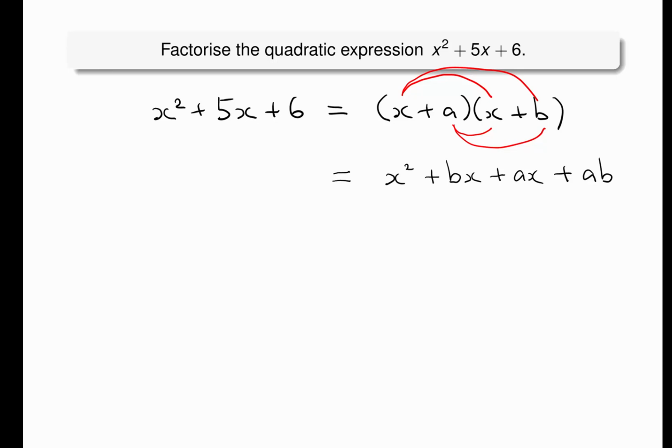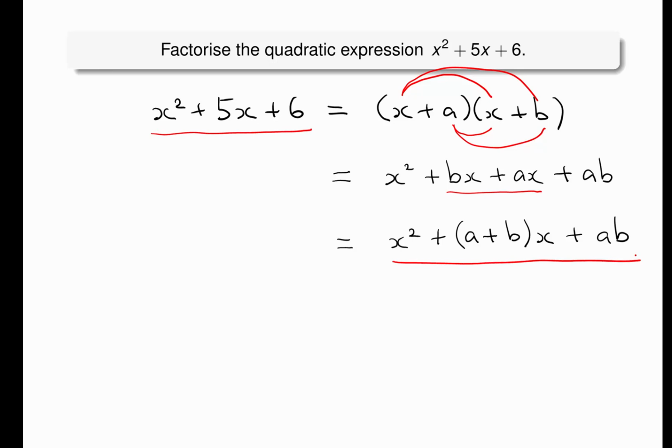Now the two terms in the middle are like terms, and we can collect them together by factoring out the x. Now carefully observe these two quadratics. Since we're forcing them to be equal, their respective coefficients must be equal.